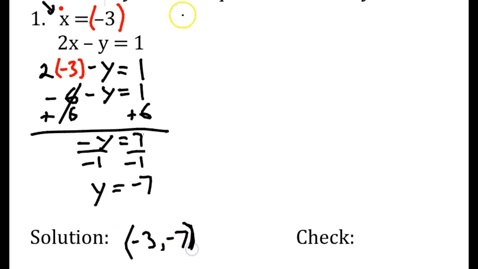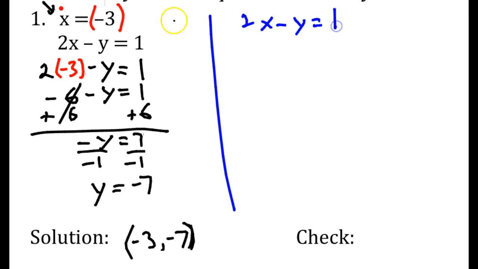Now, how do you check? Check is just like before. You take the equations and you plug in your answer and see if it works. The only difference is now that you have two variables, so you have to plug in both, right? You have x and y. So you have to plug in -3 for x, -7 for y. And if you did it correctly, it should equal +1.